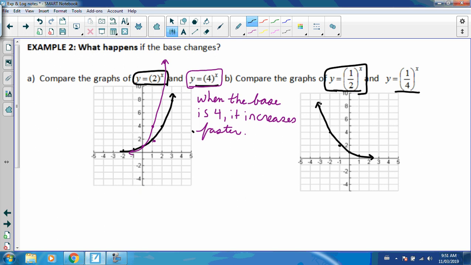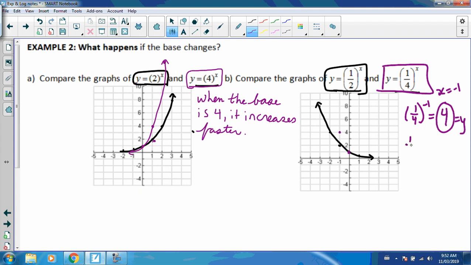And then if we think about the 1/4, this guy, we're going to have that same point there, 1/4 to the power 0. But if you think of when x is -1, 1/4 to the power -1, that's 4. So when x is -1, this is y. So that's way up here.